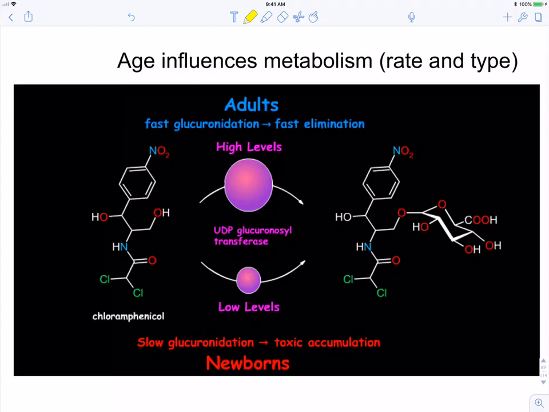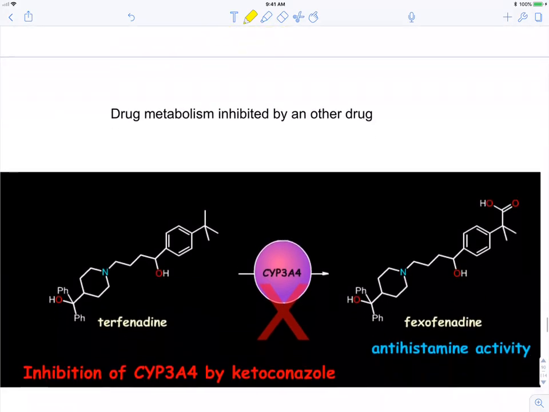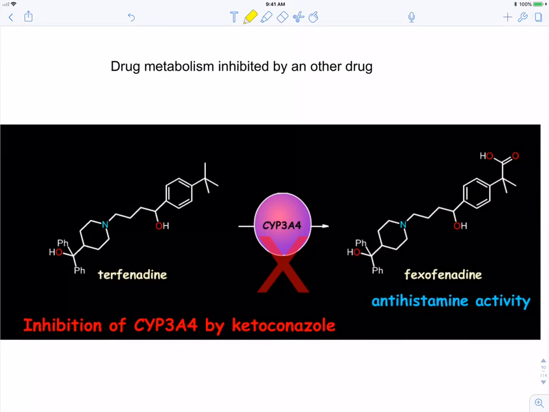So we have seen that glucuronidation is fast in adults, and so they can eliminate drugs like chloramphenicol and also bilirubin very easily, whereas newborns have a very slow level of UDP glucuronosyltransferase, and therefore end up accumulating toxic levels of chloramphenicol and bilirubin. And so the age of the patient is something that needs to be considered when deciding the dosage for a drug.